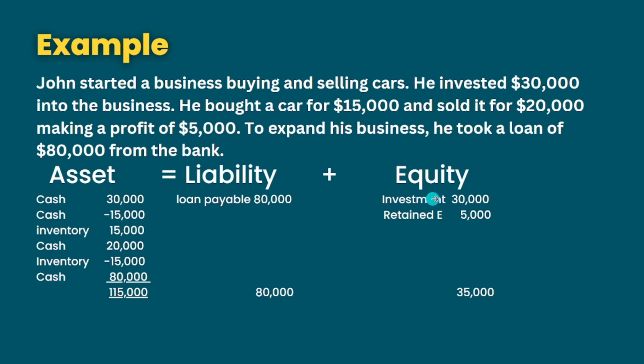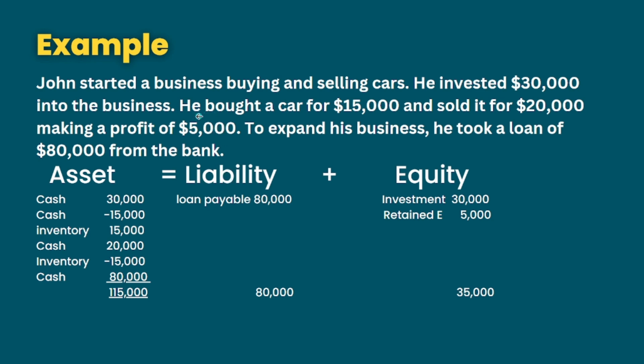That's the initial investment of 30,000. And this is one entry. The other entry will be cash since we'll be receiving the cash, which is an asset. So we can see that with the initial investment, the asset is equal to equity. So we can see the equation is balancing.